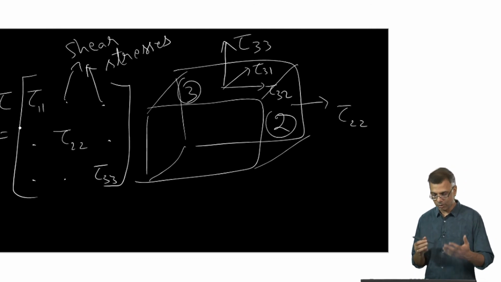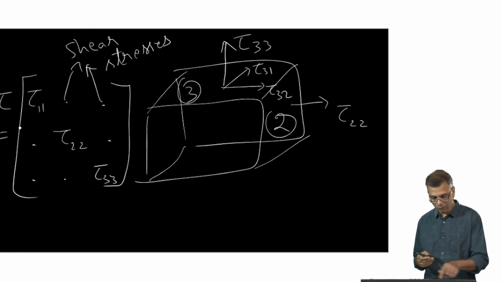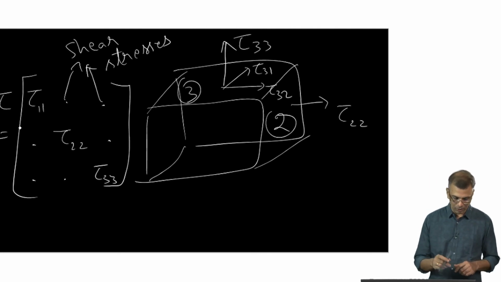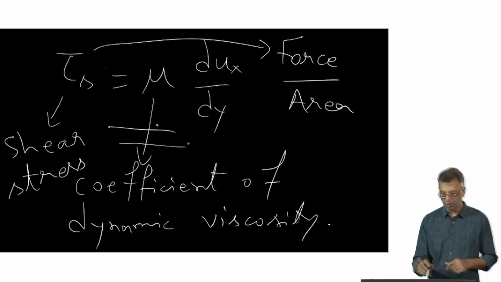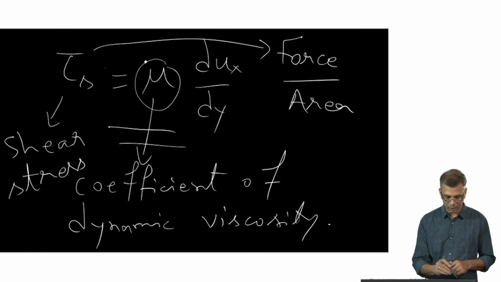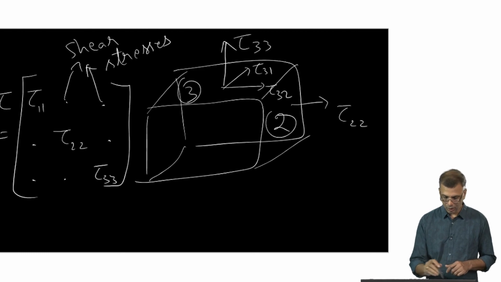So I wanted to introduce this up front and introduce the concept of viscosity. For each of these shear stresses, there is this kind of a relation that's valid. You can think of a mu that characterizes each of these shear stresses.